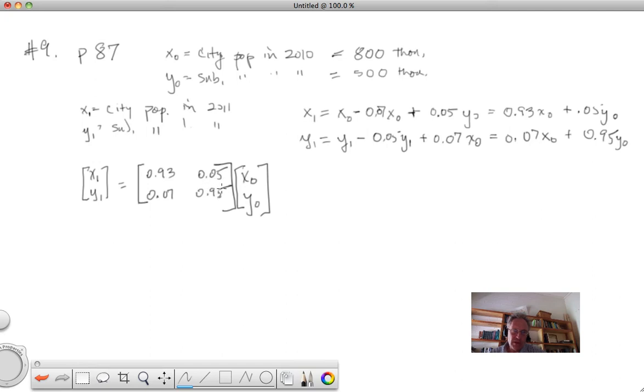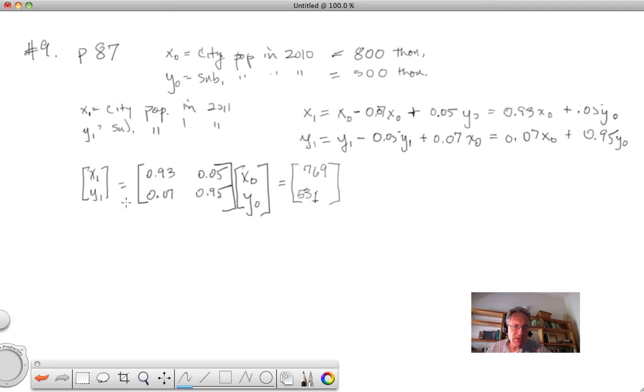So if you think of it in that fashion, you've got to do the arithmetic. You use the actual values that are given up above. Then you wind up with 769 for the first component, and 531. Those are in thousands. So 769,000 remain in the urban area and 531,000 in the suburban area in 2011.